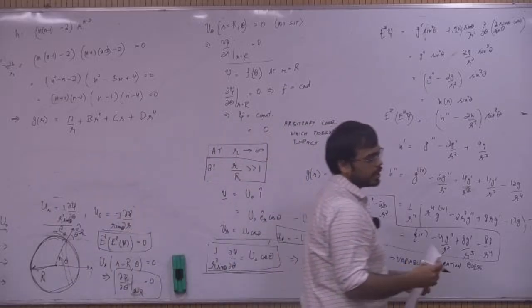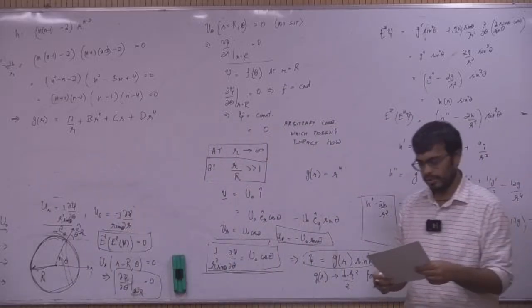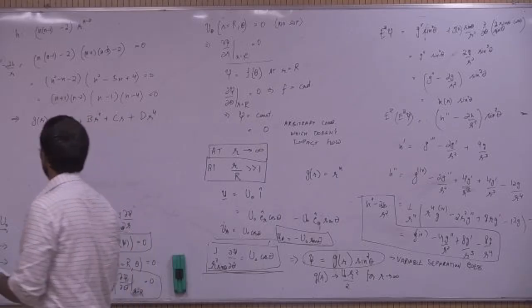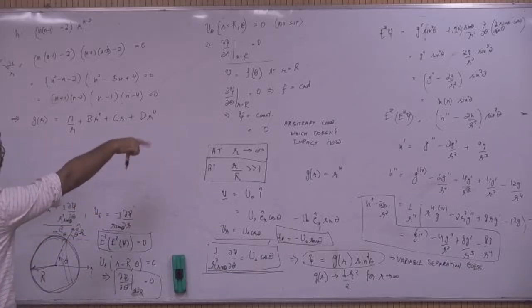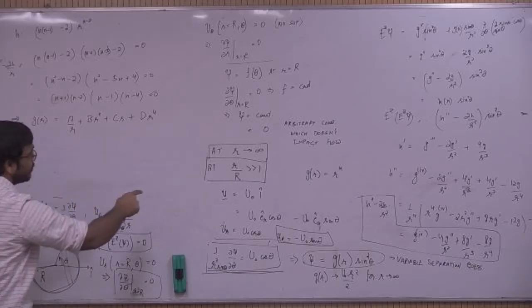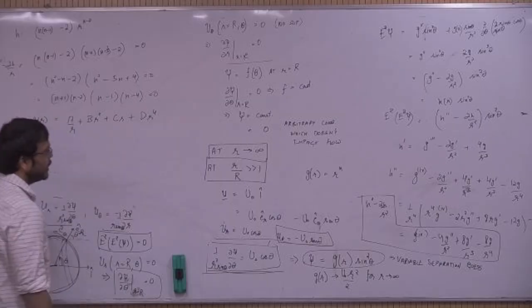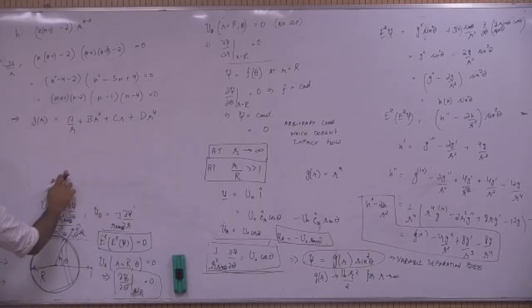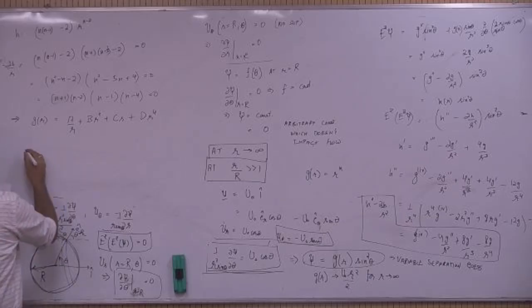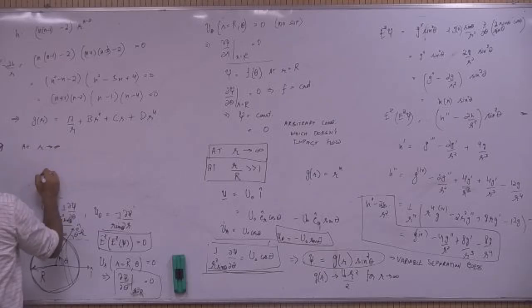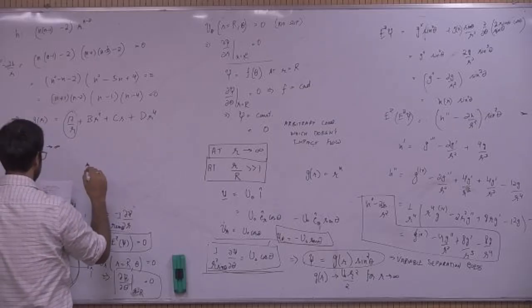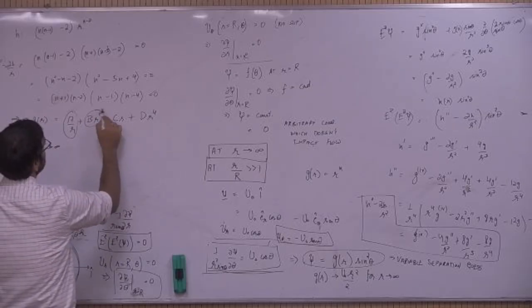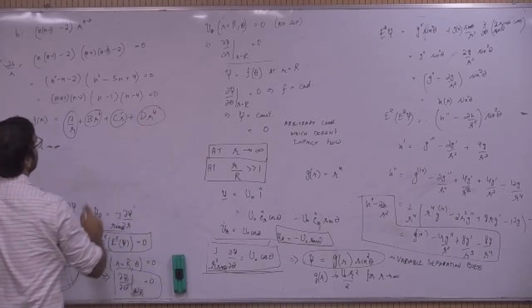And now we try to use the boundary conditions that we had derived, whatever we had for psi. So first we will try to use this r tends to infinity equation. So at r tends to infinity, this term will be 0. This term will be 0. Which one dominates from all of these terms?